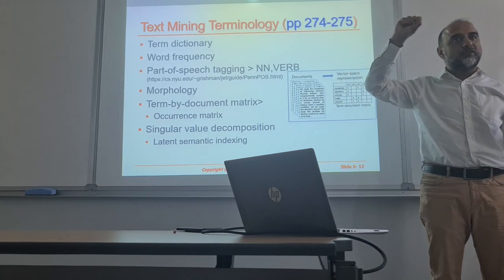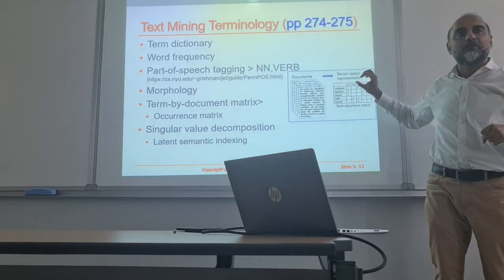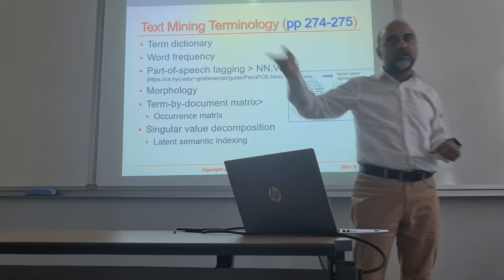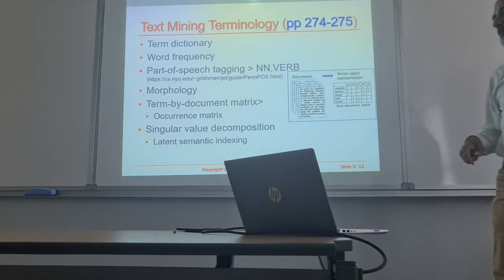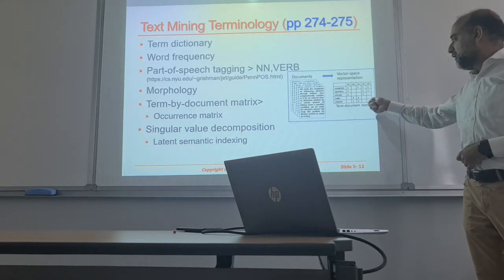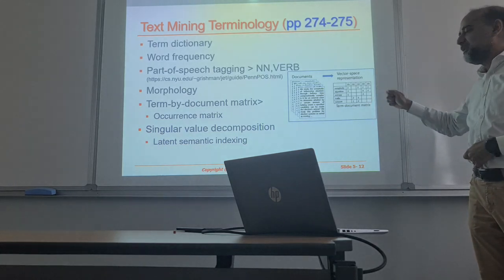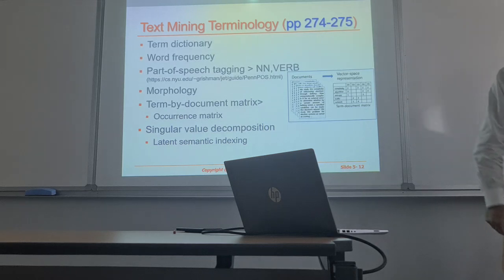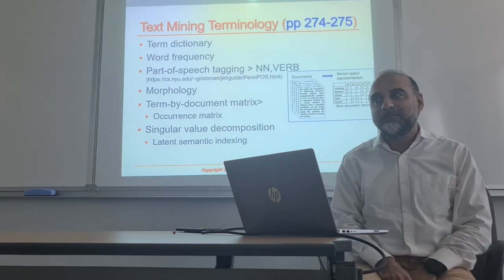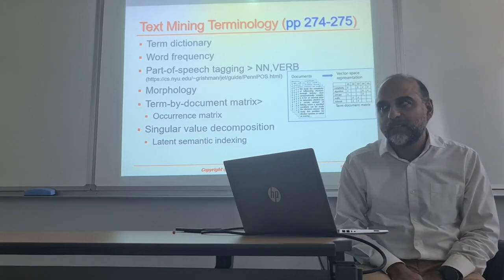So all the list of words was coming from here, and the process that is being used, one of them is called latent semantic indexing. This is reading from this table and giving you a topic list, especially the ones that are coming together quite frequently. Everybody understand that?